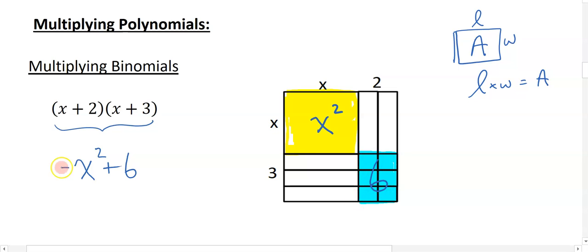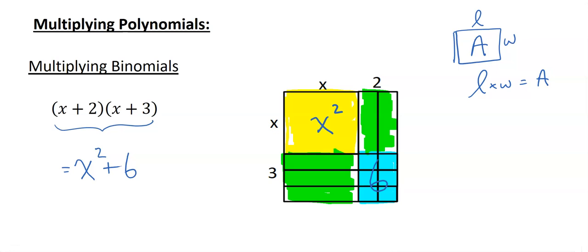So if I said the area is x squared plus 6, I wouldn't be accurate because I'd be missing a whole bunch, right? What would I be missing? Well, I'd be missing this area and this area. Both those green areas would be missing.